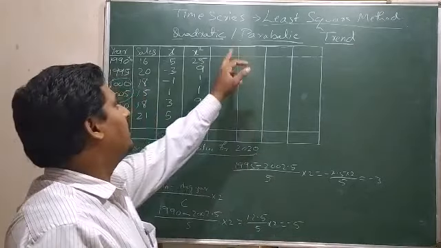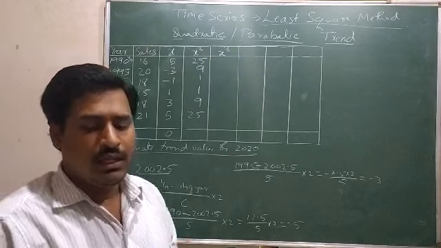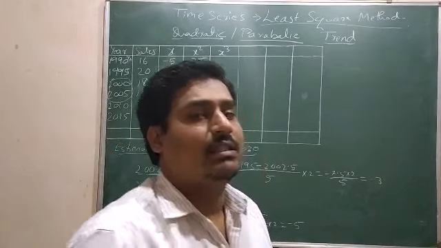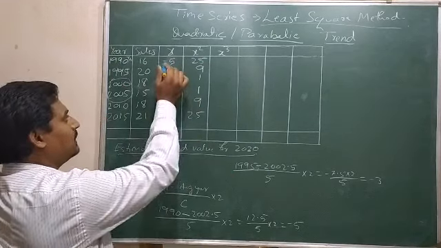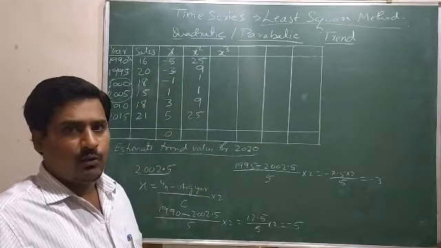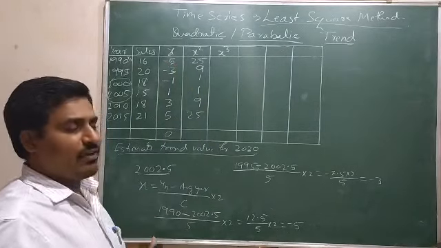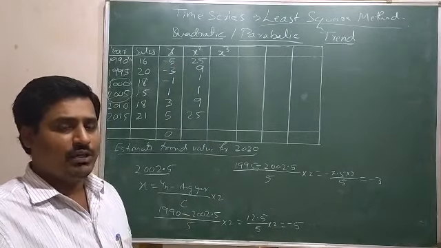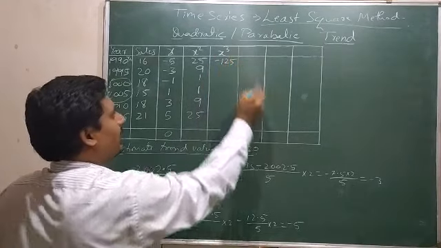In the same way, next column, x cube. Remember, when we cube a negative number, we get a negative value. So minus 5 into minus 5 is plus 25, plus 25 into minus 5 is minus 125.